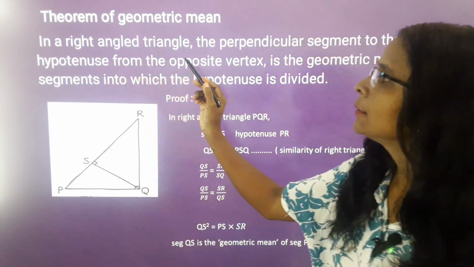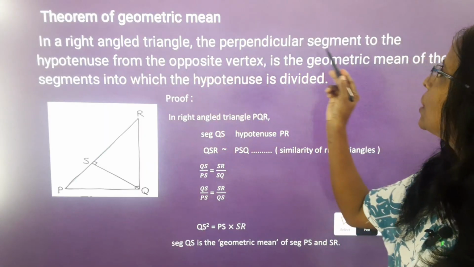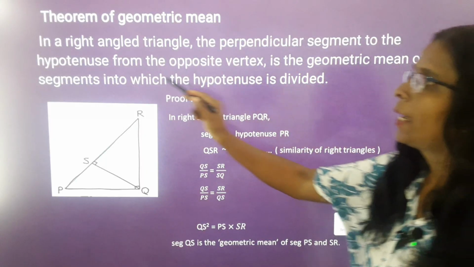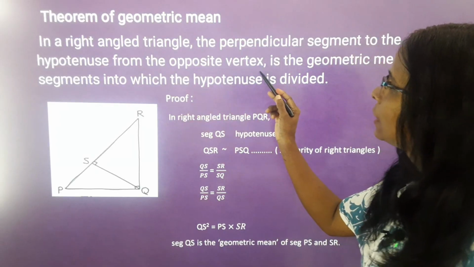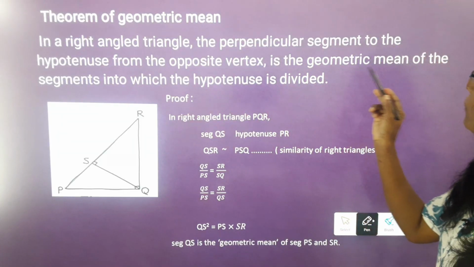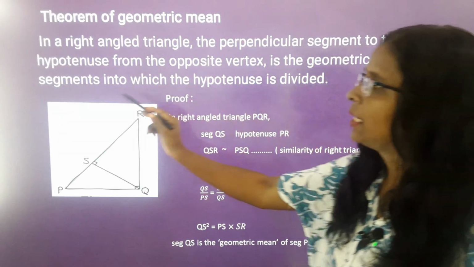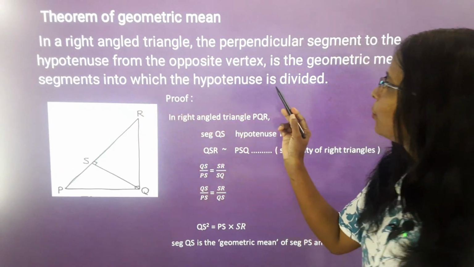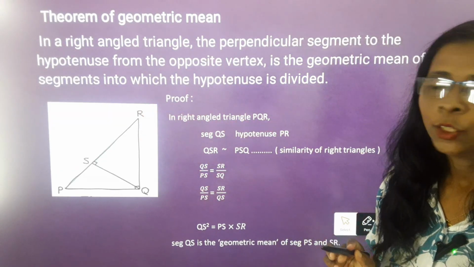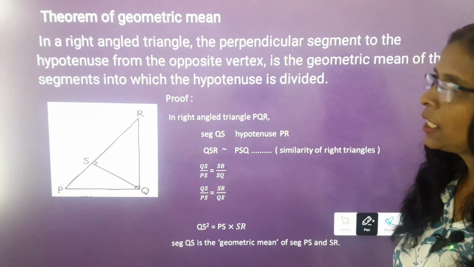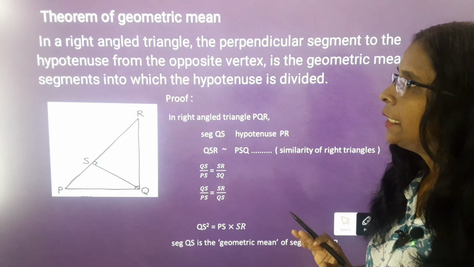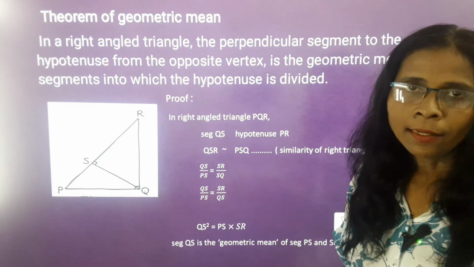In a right angle triangle, the perpendicular segment to the hypotenuse from the opposite vertex is the geometric mean of the segments into which the hypotenuse is divided. Okay students, now here is a right angle triangle.